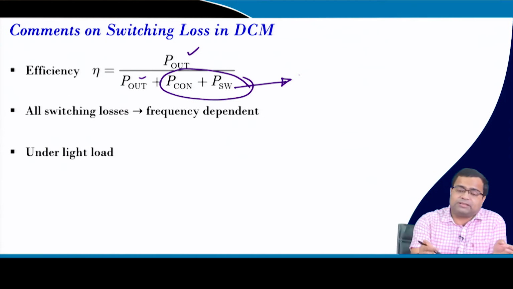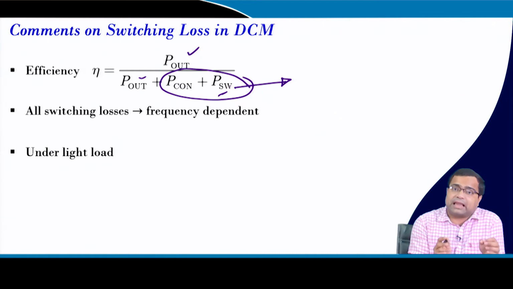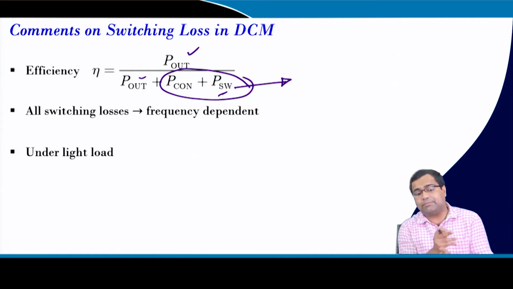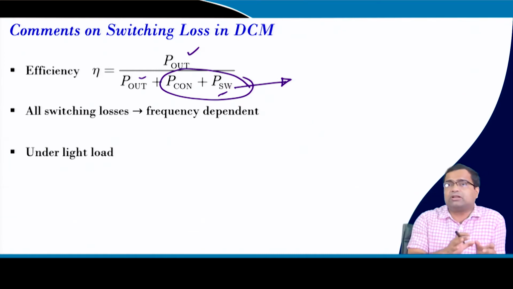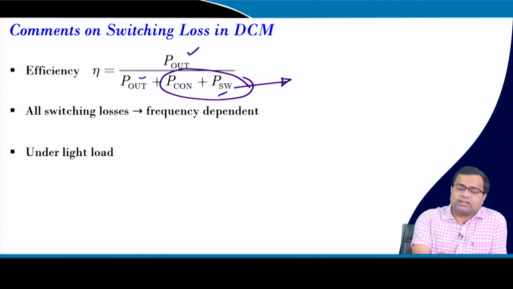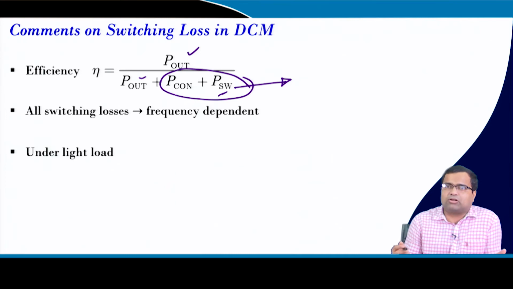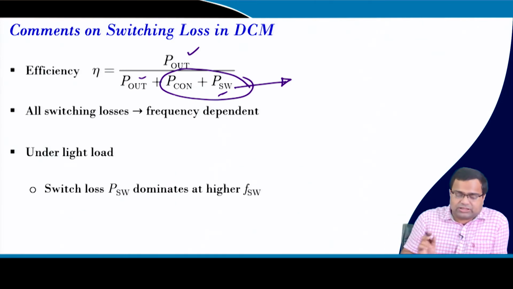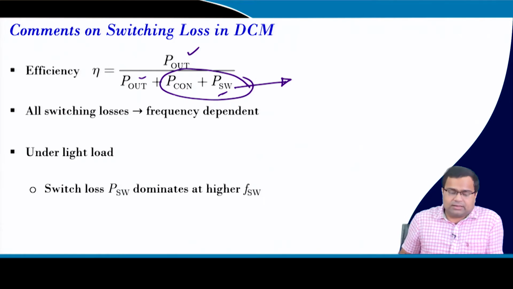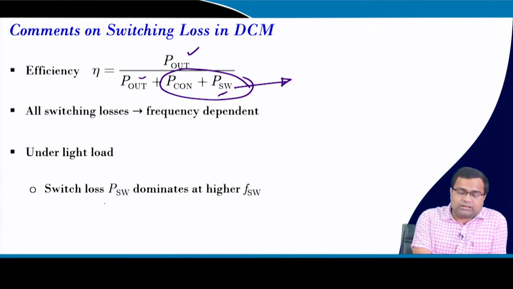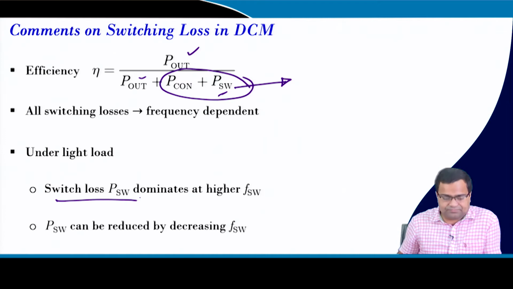Then the losses due to the switching can be comparable, in some cases higher than the output power, particularly under very light load condition, when the efficiency can degrade significantly, to the order of 10%, 20%. So, under light load condition, the switching loss dominates.